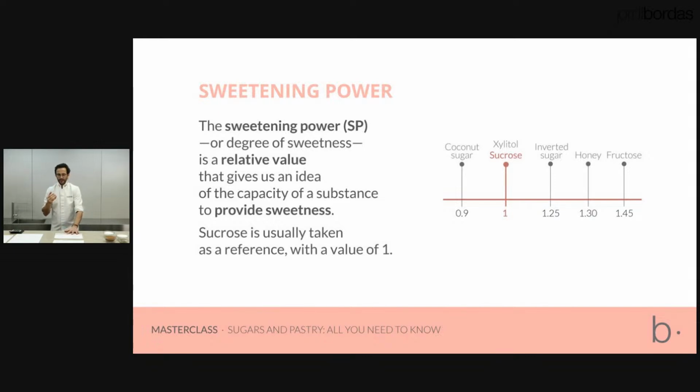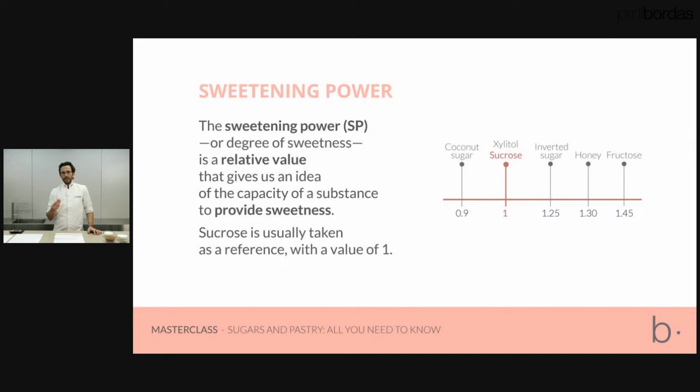This is really interesting to understand, because we can adjust our products to the sweetness that we need for our market. Imagine that I'm going to a country that, for cultural reasons, doesn't consume too much sugar, and the sweet products they have are not too sweet.